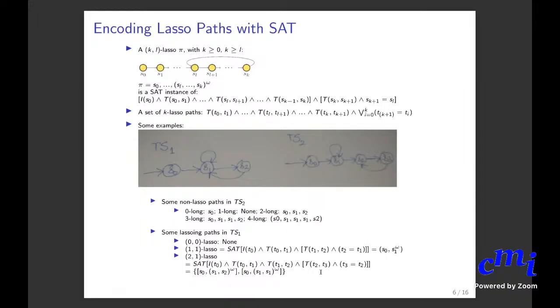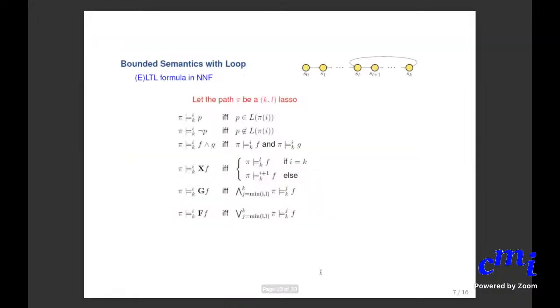In this case, there are two possibilities, and this kind of encoding is leveraged, used in our translation of the bounded model checking formulas for checking the violation of entire LTL. Okay, so now I'm going to be defining the bounded semantics for an LTL formula.